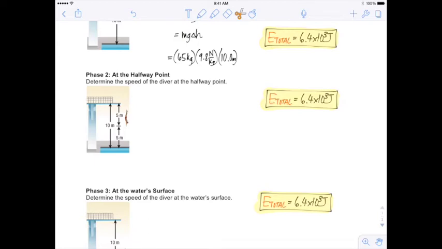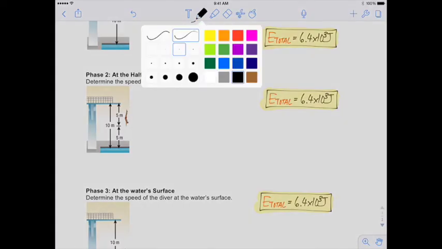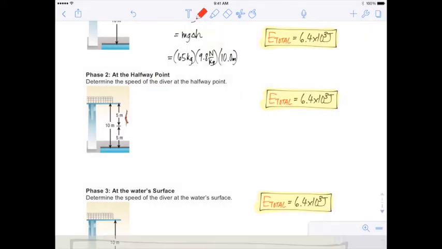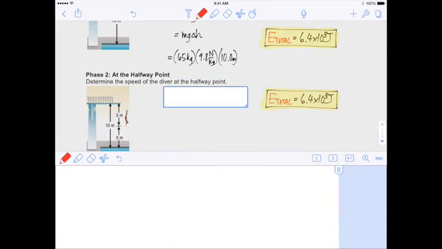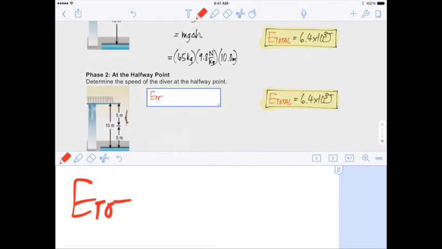In phase 2, at the halfway point, we want to determine the speed of the diver at this halfway point. And we're going to use the law of conservation of energy to allow us to find it. We're going to start this question the way we did before, and list all of the different types of energy present. So the total energy is equal to the sum of all the energies.